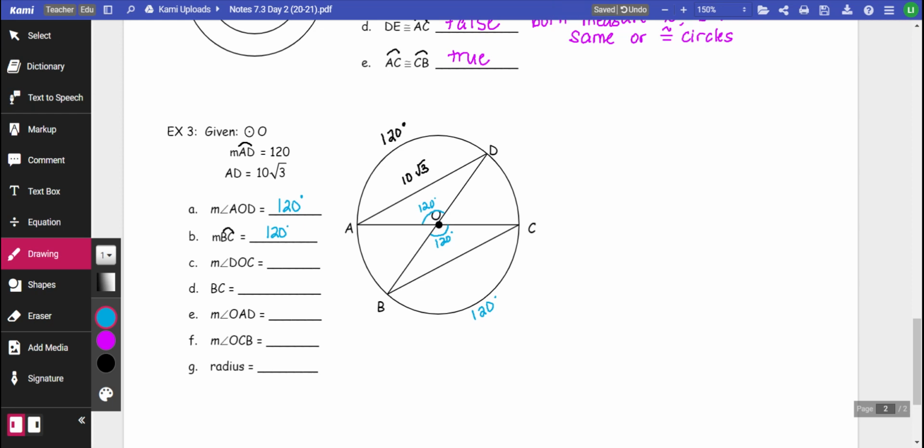Now the measure of angle DOC. So here we're looking for the measure of this angle. We can find this one of two ways. We can use a linear pair and find that it is 60 degrees. Also, we can use the fact that segment BD is a diameter, so 180 minus 120, I get arc DC is 60 degrees, and my arc and central angle must be congruent.